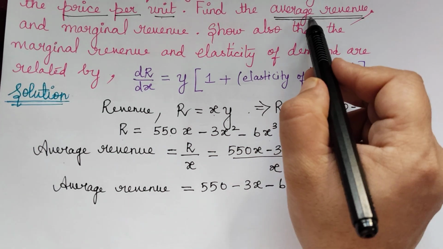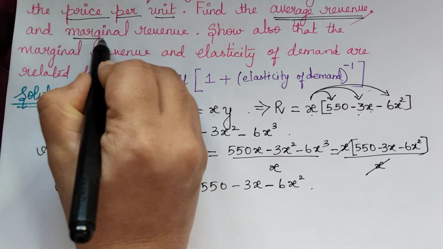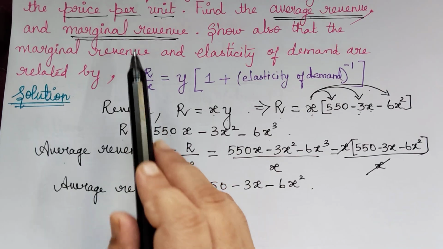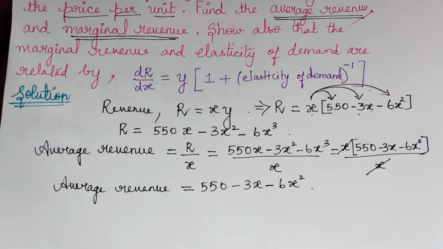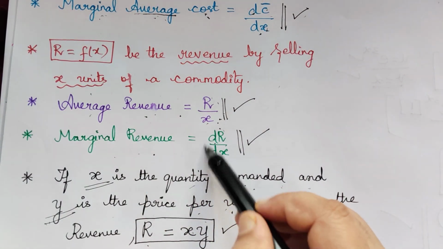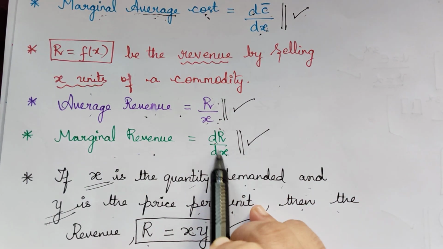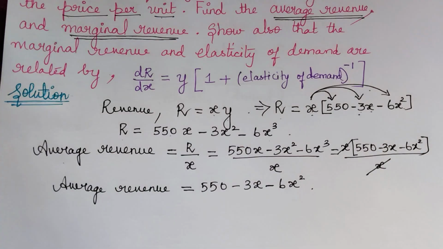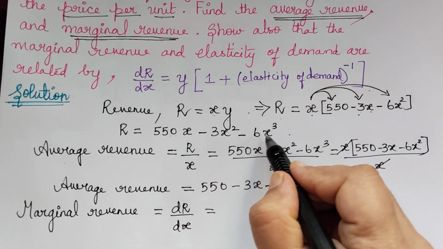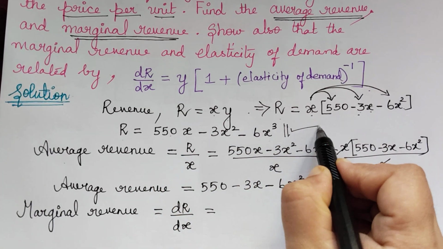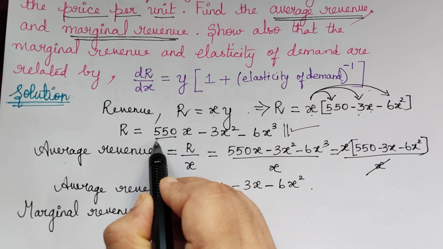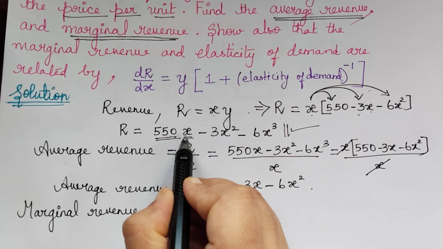Next we have to find marginal revenue. Now marginal revenue is the first derivative of the revenue function with respect to x. So dR by dx. So let us find that now. We have to differentiate this. First term is 550x. The differentiation of x is 1.